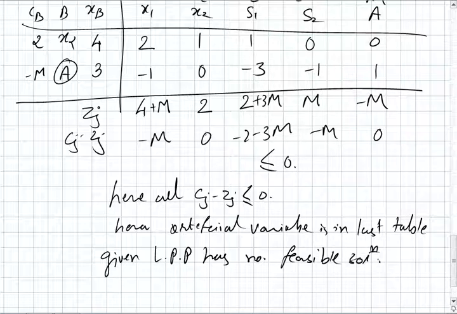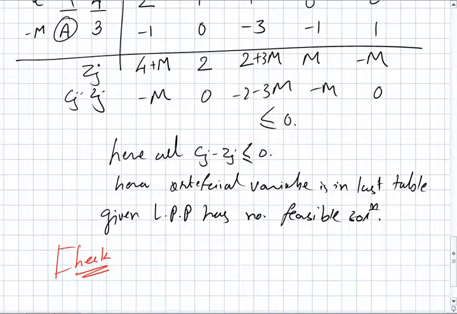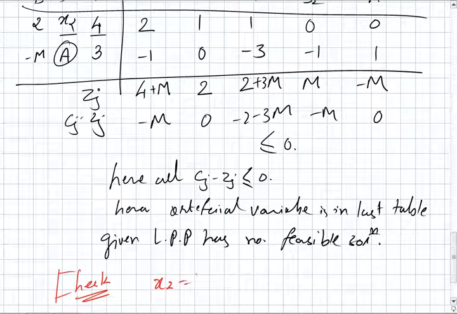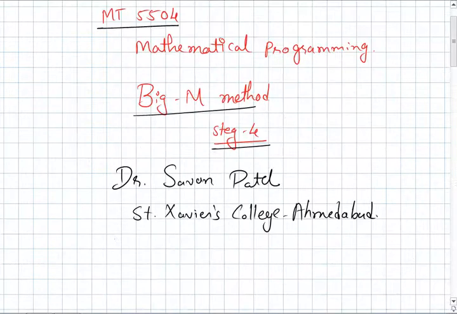You can check in another way also. Take your value x2 is equals to 4, and all other variables are 0. So x1 is 0. So insert that in your original problem.